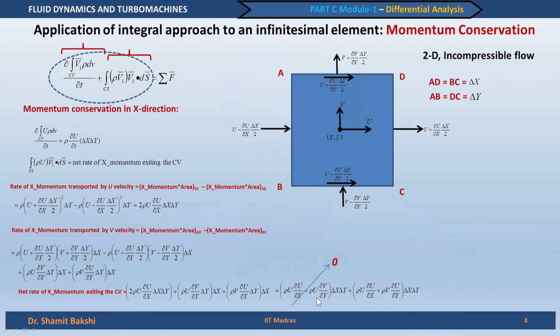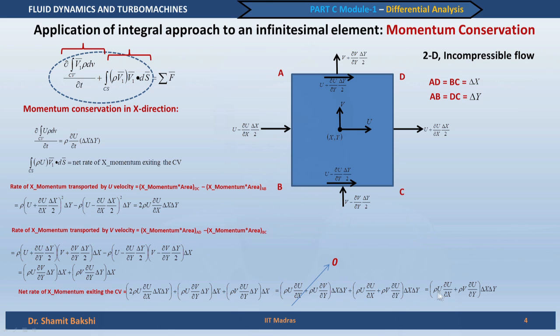So, while deriving these equations, we have to make use of the continuity equation and simplify the expressions, so that we can finally get an expression which is meaningful. So, we get the net rate of x momentum exiting the control volume simply as rho u del u by del x plus rho v del u by del y, of course multiplied with the elemental volume. So, this is the final expression.